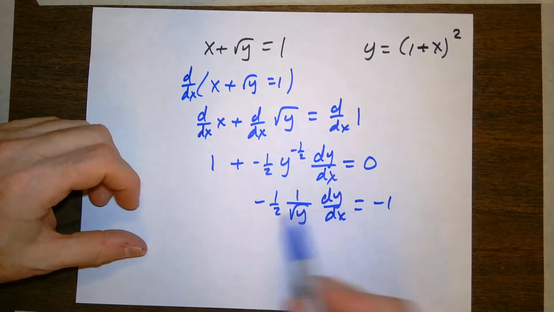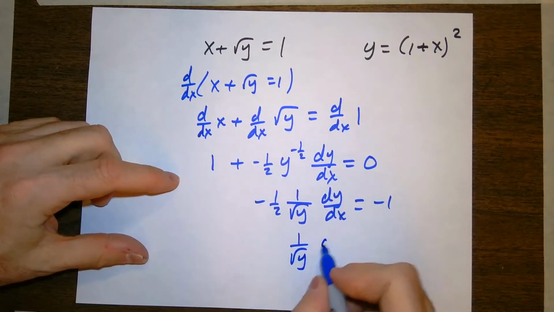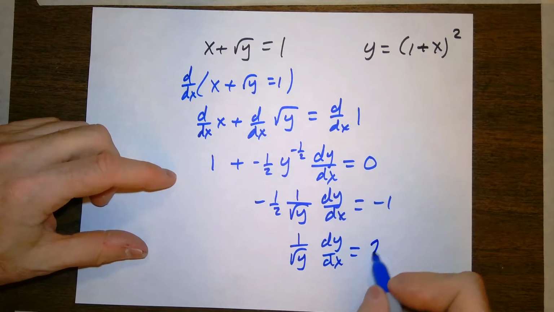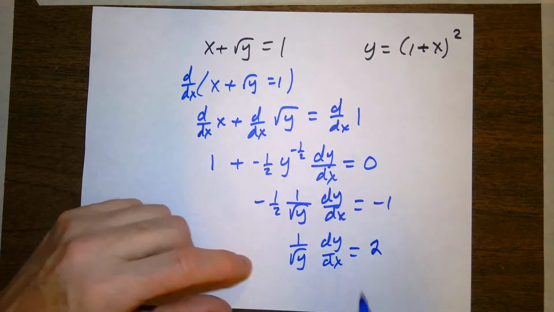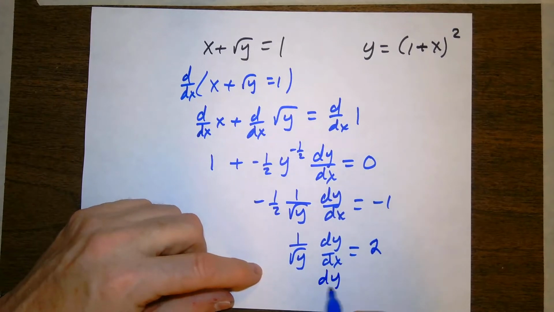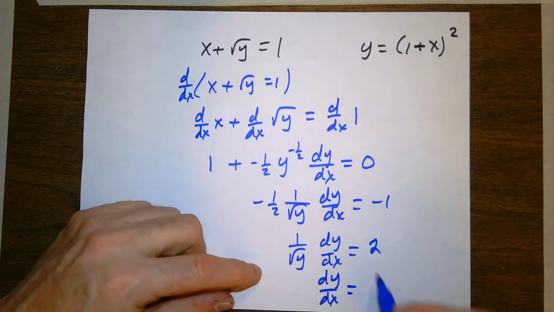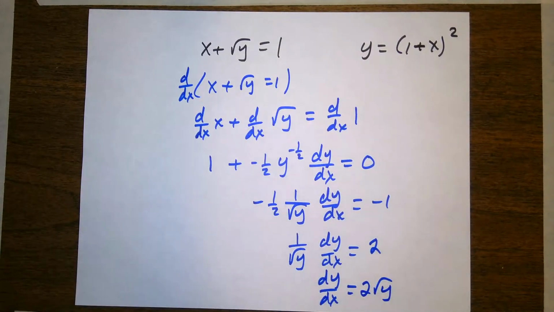Multiply both sides by a negative, multiply both sides by 2. 1 over the square root of y, dy/dx equals positive 2, and then multiply both sides by the square root of y. So my dy/dx, the derivative of this equation, is 2 times the square root of y. And I could use that to find the equation of the tangent lines anywhere.